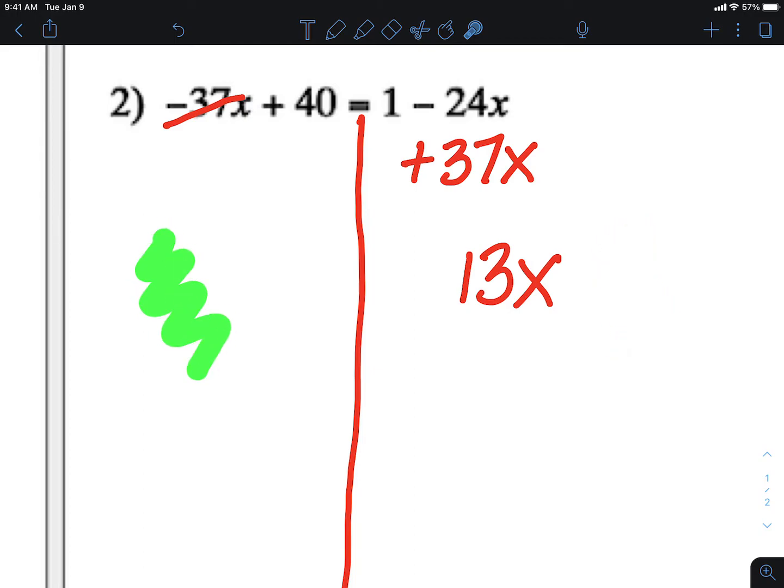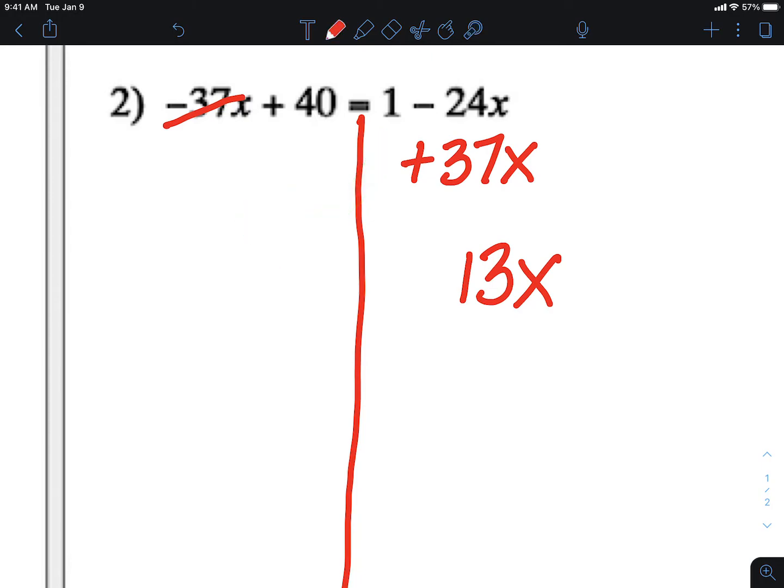So I have established that my x's are going to be on the left and my numbers are going to be on the right, right? So if I know numbers, no, I just said that backwards. My x's are going to be on the right and my numbers are going to be on the left. So there is a number here on the right that needs to move over, which is this 1 here. So this 1 needs to move over to this side and become a negative 1. Because right now it's a positive 1. I need to move it over and become a negative 1.